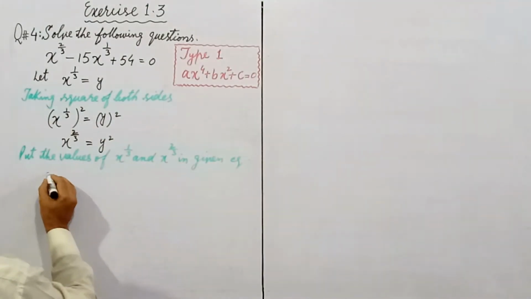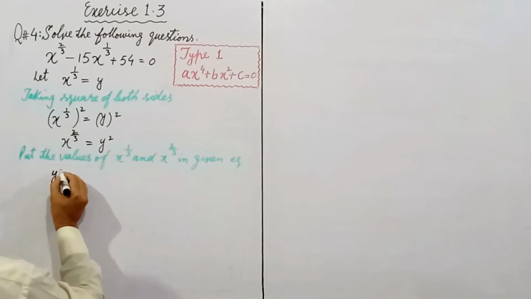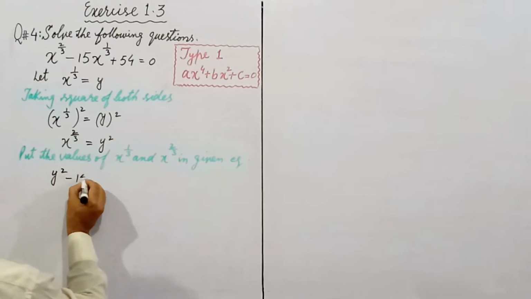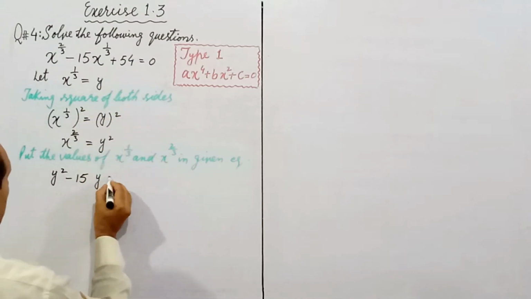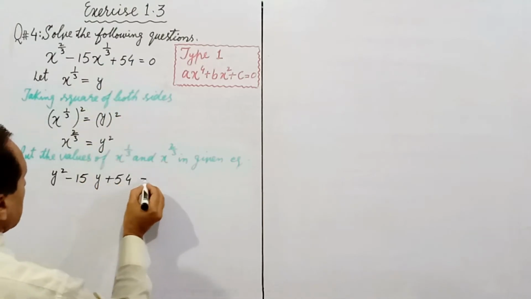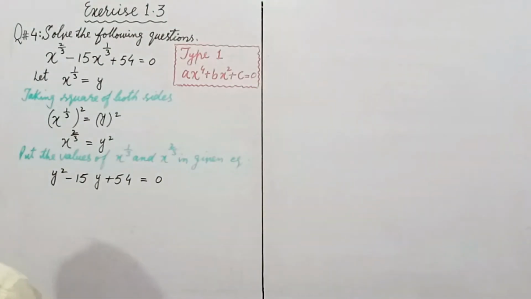We have y raised to power 2 minus 15, the value of x raised to power 1 over 3 is y, plus 54 is equal to 0. Now we use the middle-term breaking method of factorization.